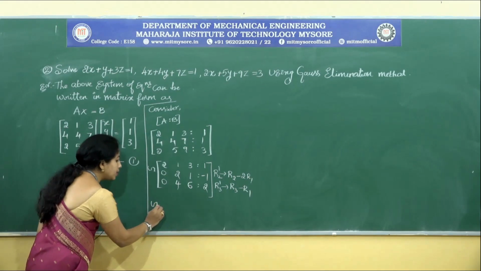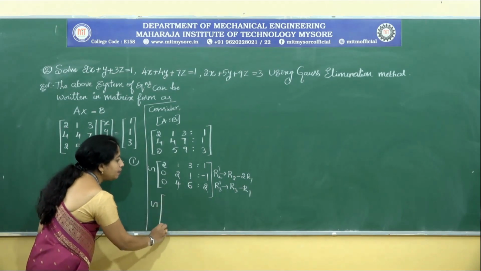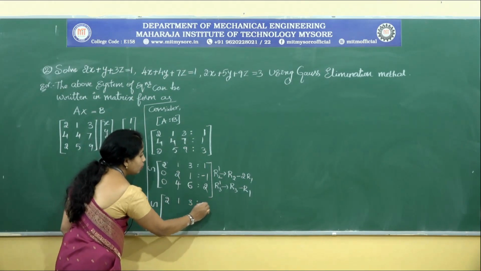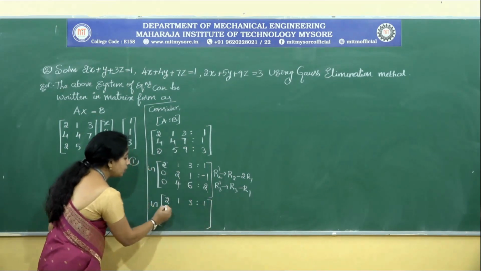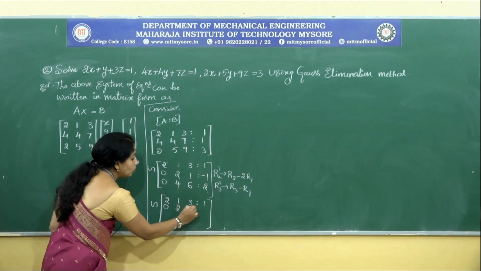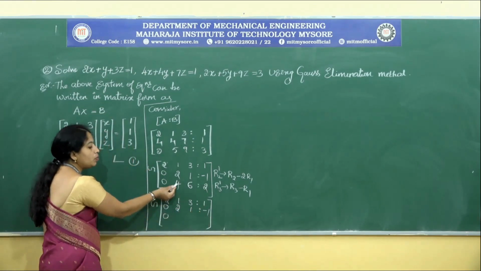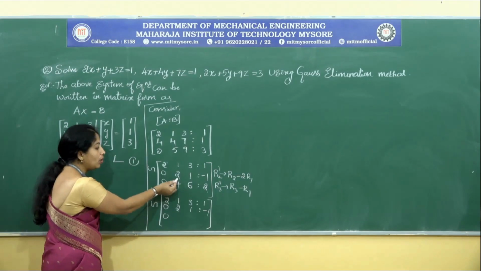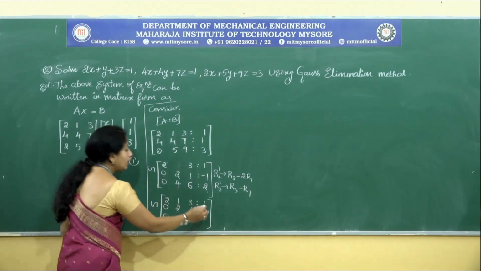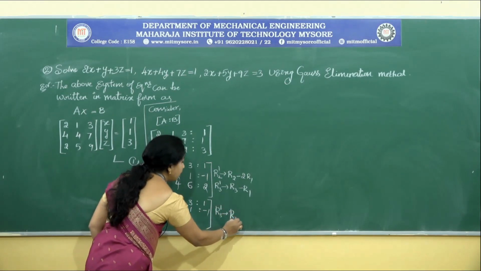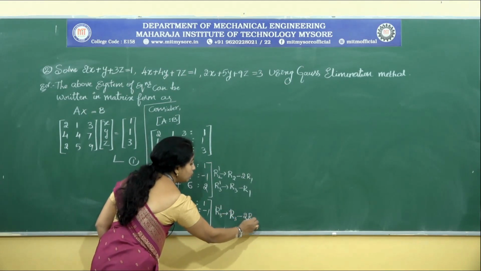Now write this matrix is equivalent to, writing the first 2 rows as it is 2, 1, 3, 1. The second row is 0, 2, 1, minus 1, 0. Now we are supposed to make this element as 0 by using this element. The row operation is R3 dash is R3 minus 2 times R2.